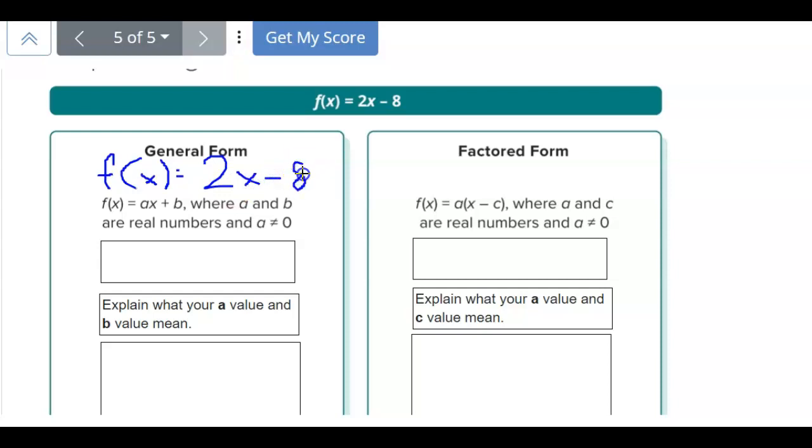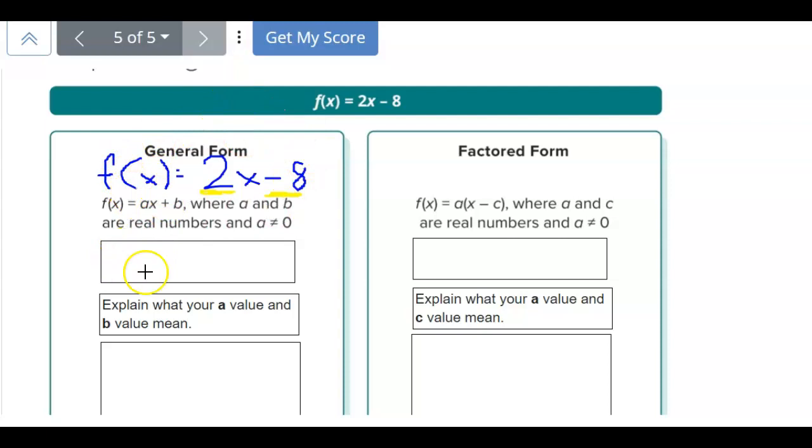And if you look at what general form is, f of x equals a times x plus b. We have here something x plus negative 8. So here's your a value, and here is your b value. This already is in general form.